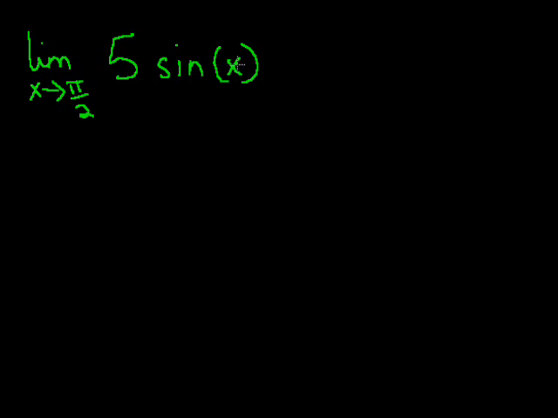Alright. Let's say we had the limit as x tends to pi over 2 of 5 times the sine of x plus the cosine of x.